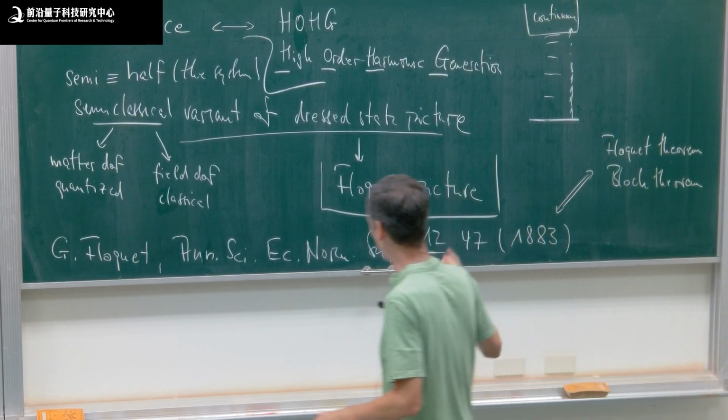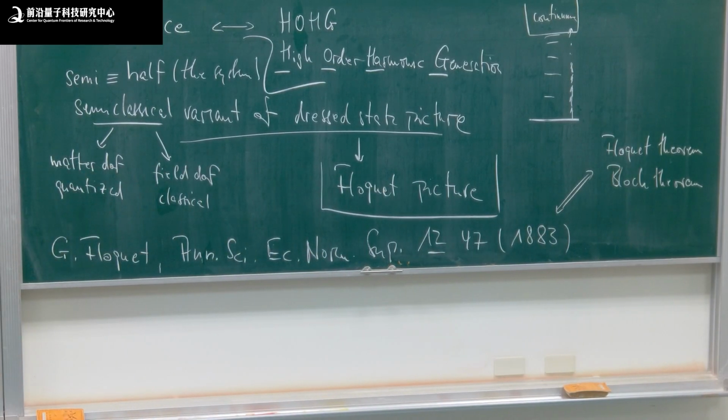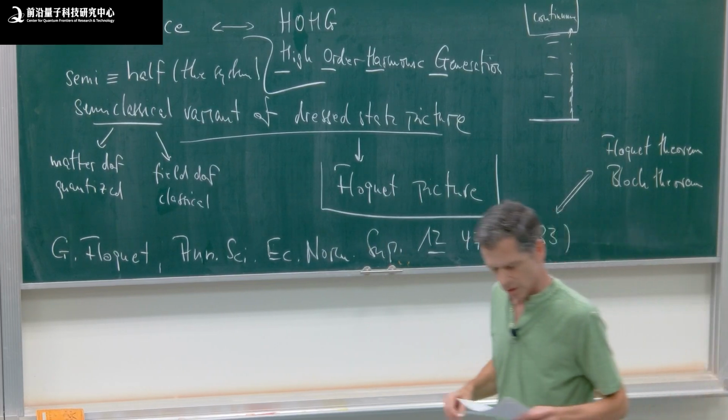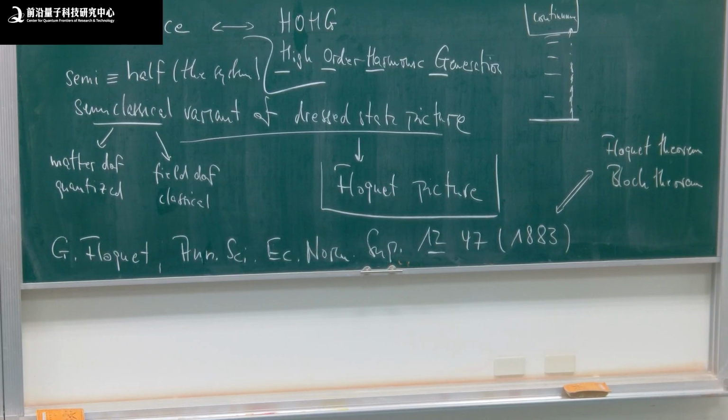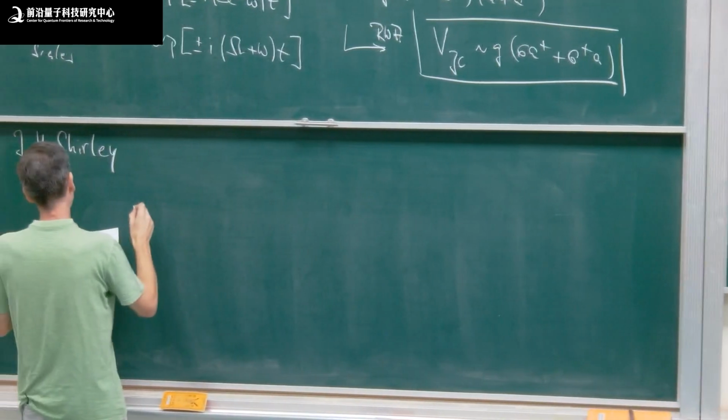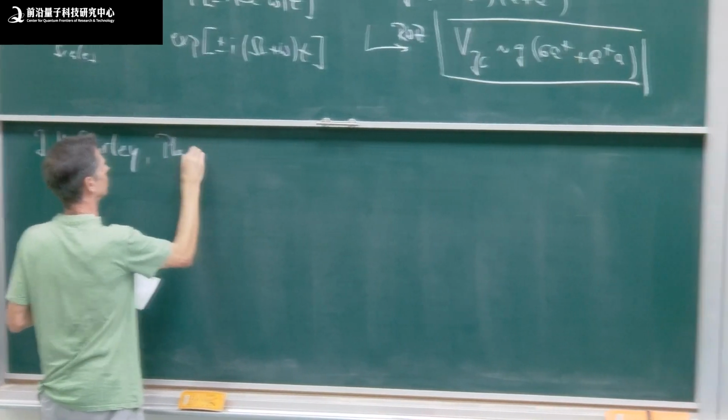So this is one point, and then the other paper, and this is in English, is a very useful paper if you want a basic introduction to Floquet theory. In particular, it deals with the special case of a two-level atom under periodic driving. This is the paper by J.H. Shirley, in Physical Review.